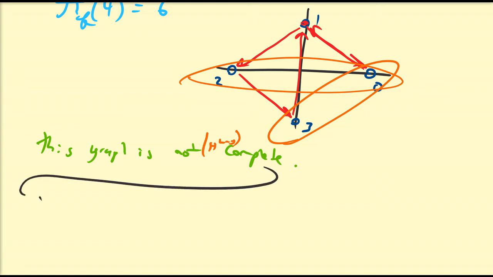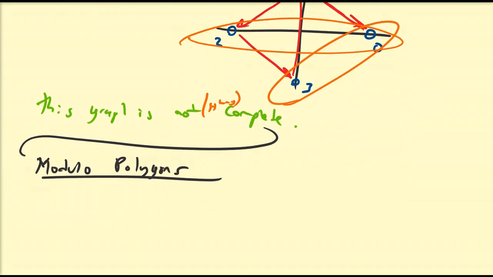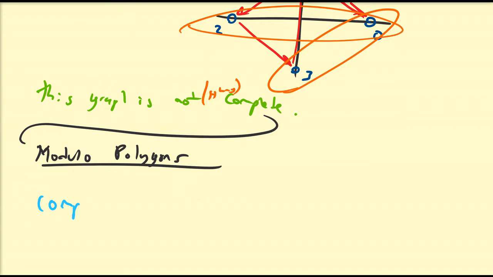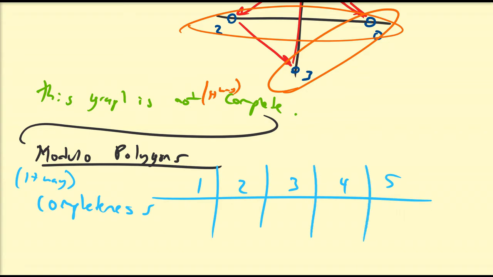So for the modulo polygons for the Fibonacci sequence, in terms of completeness, or 1+ way completeness, we've considered 1, 2, 3, and 4. 1 is complete trivially, 2 is complete, that's our line, 3 is 1+ way complete, and 4 is the first one that is not.